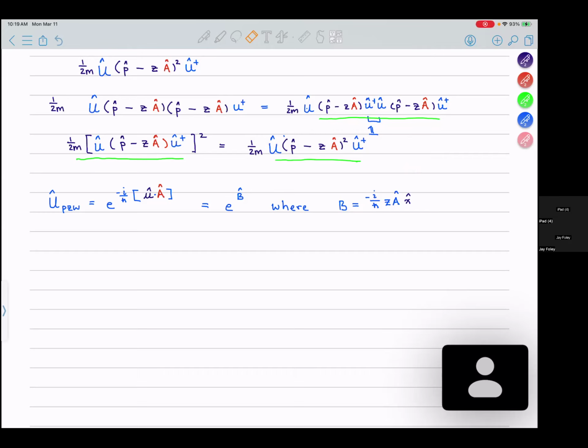So I need to consider the x hat operator for matter. Okay, so that's what B hat is.